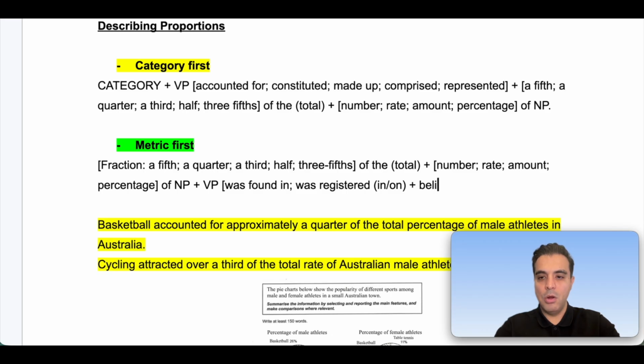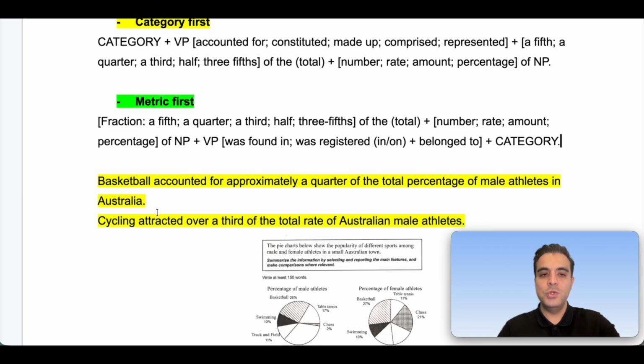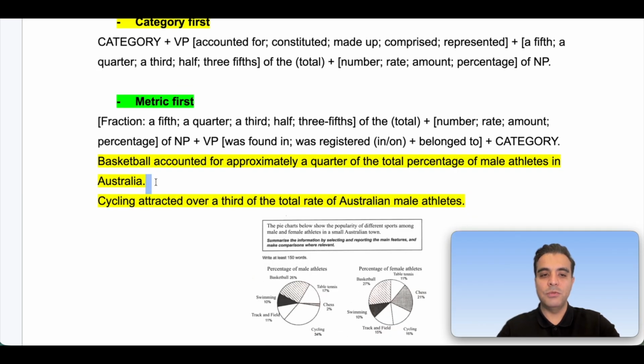And belonged to. And guess what? Whereas we started with the category in the category first structure, here we place the category at the very end. So let's see how these structures can be used to rewrite our samples from before.